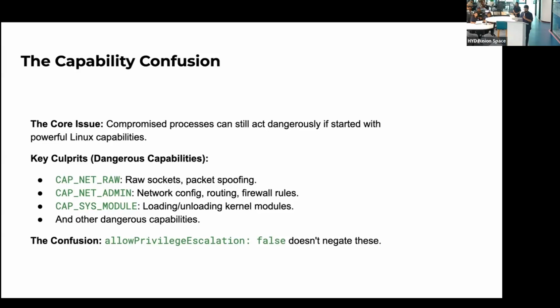With NET_ADMIN, you can change all the network config of the entire cluster. Let's say you can bring down a whole prod cluster. And with CAP_NET_RAW, you can open any raw sockets. Let's say your main application is listening on some port, you can bring it down, or change it to a different port. So the whole point is that allowPrivilegeEscalation being false and blocking SYS_ADMIN is just not enough.